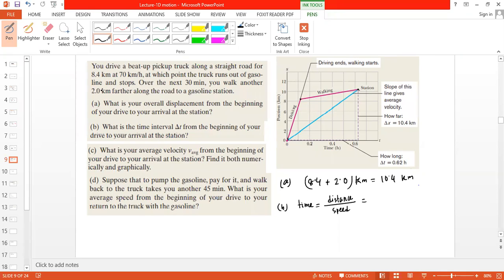Your distance was 8.4 kilometers and speed was 70 kilometers per hour. So 8.4 kilometers divided by 70 kilometers per hour.